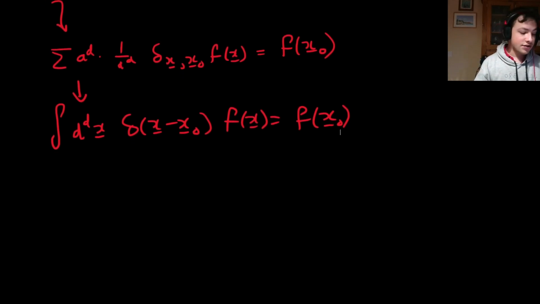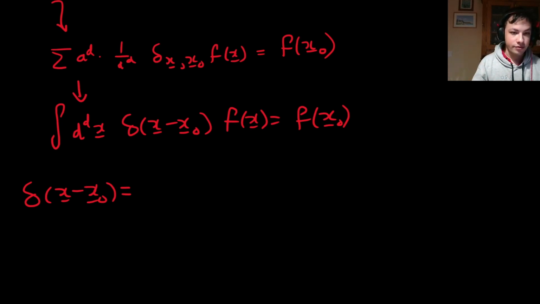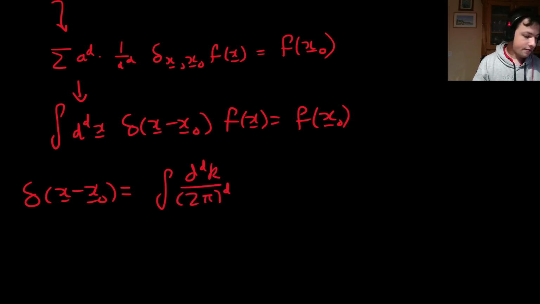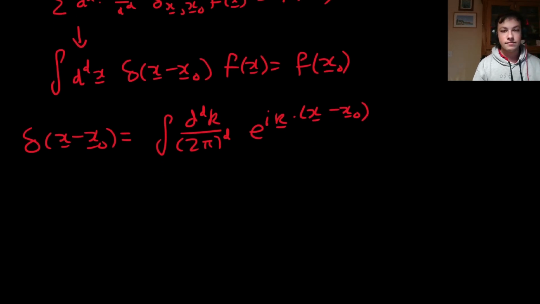And we can also look at that sum we did earlier to say that basically delta(x minus x₀) is, by its Fourier transform, the integral d^d k over (2π)^d of e^(ik·(x minus x₀)). Okay, and finally our scalar product has also changed.